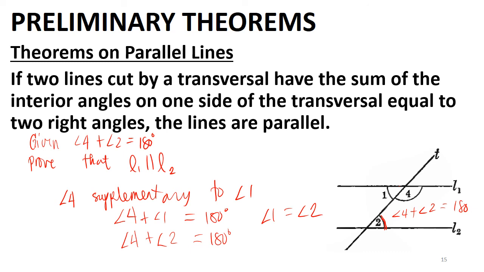Okay. And obviously naman, si angle 1 and angle 2 naman dito ay alternate interior angles. So, na-prove na rin natin kanina na equal nga ang alternate interior angles. And since they are equal, yung angle 2 is supplementary din kay angle 4 dahil si angle 4 ay supplementary kay angle 1. So, yun na po yung proof.